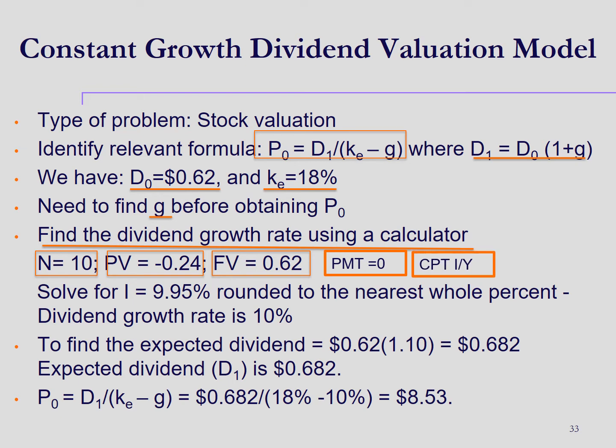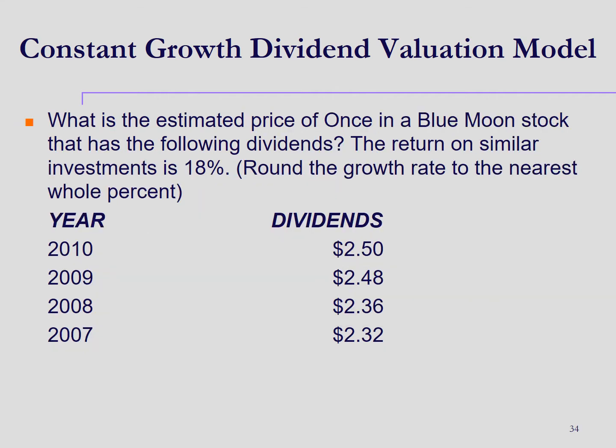The interest rate obtained is the constant dividend growth G that would be used in this problem. We have all the information we need for implementing the formula. Plugging them into the formula, we can solve for the current share price P0.